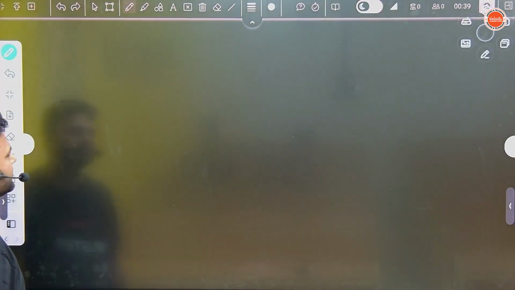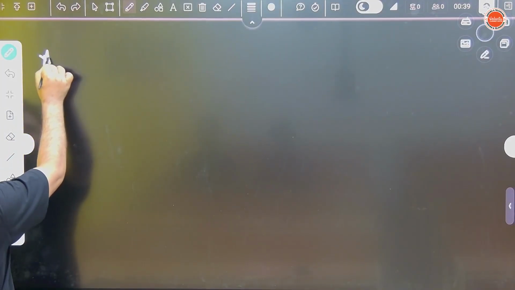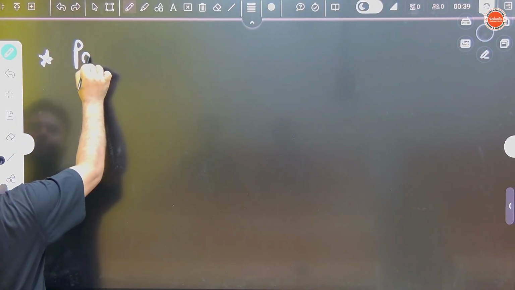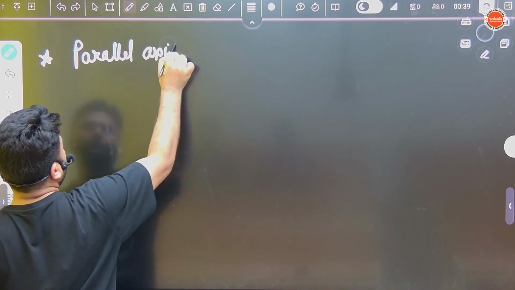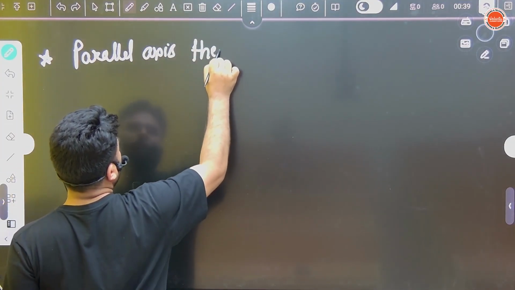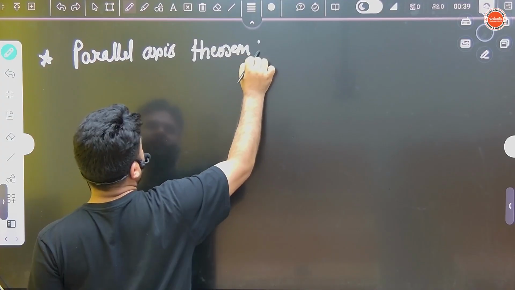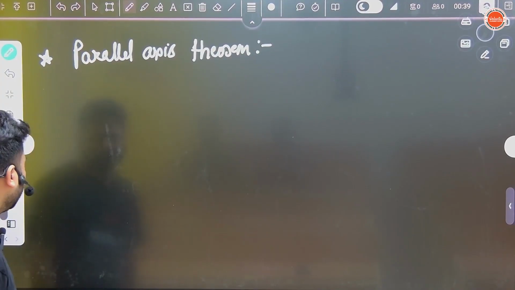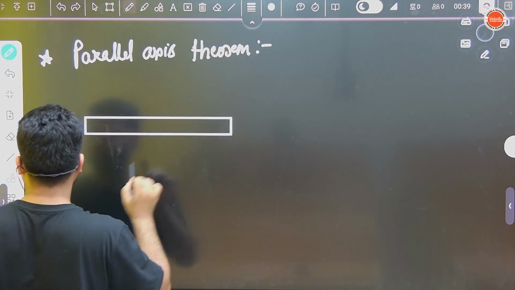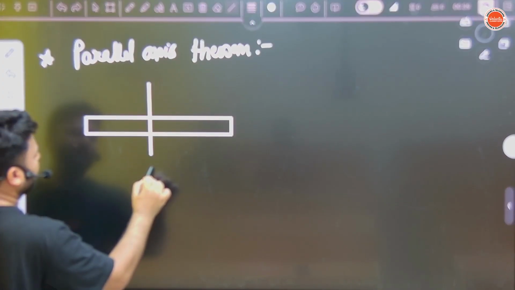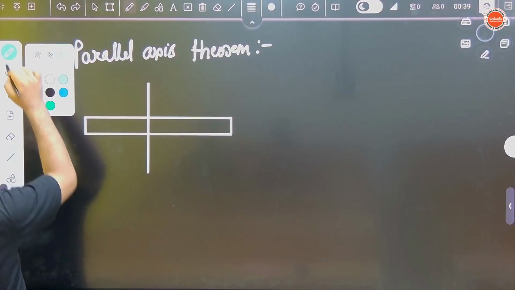Next thing, parallel axis theorem. What it says is that suppose, for example, this is the moment of inertia of the rod about the center of rotation.